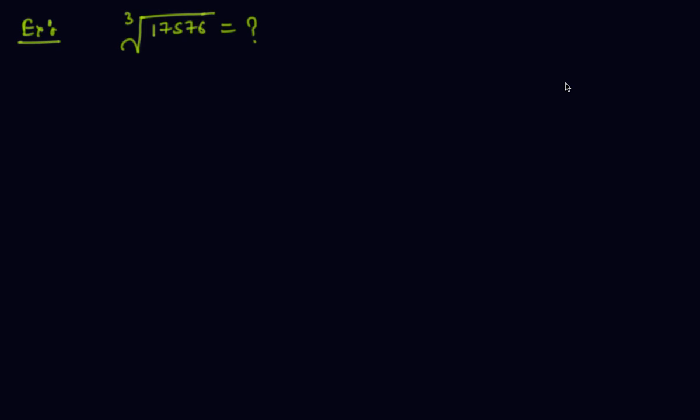Now I take an example: find the cube root of this number. Again, step by step. First it is divided into two groups: 17 and 576. This is the first group and this is the second group.